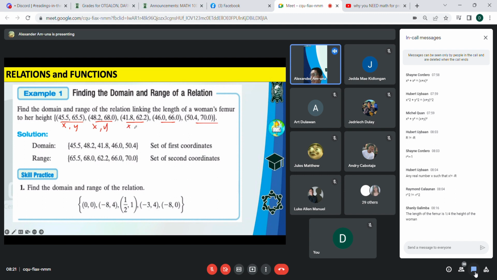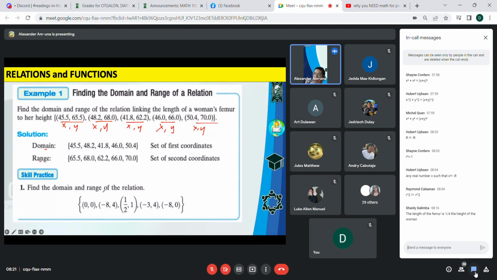So ito yung x, and yung y. So the first values your domain, then the second values your range. Okay. All right. Okay, let's try this.